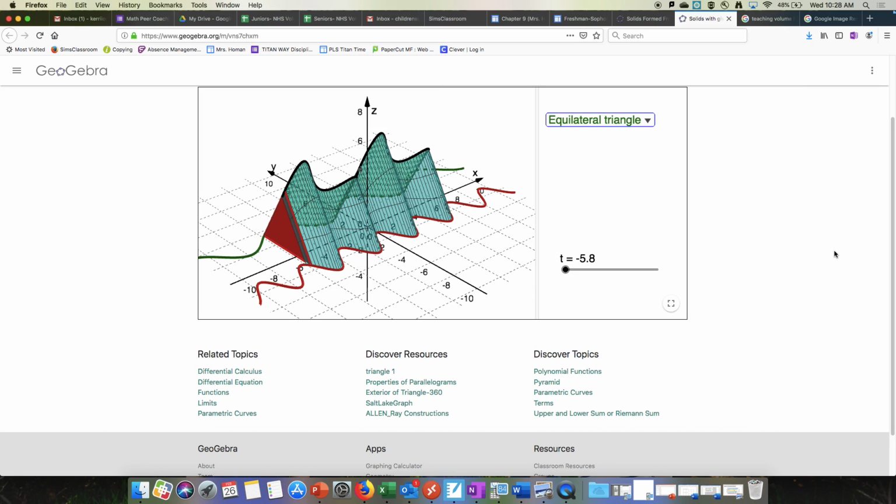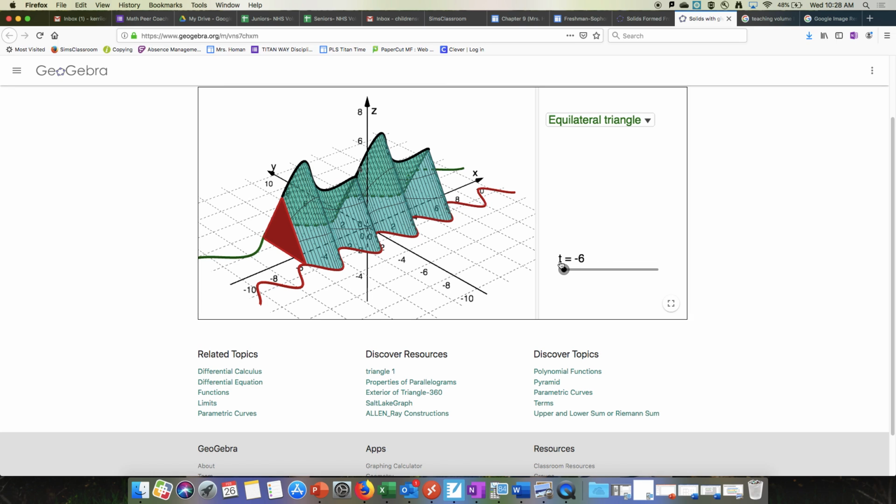So I have this green curve, and I have this red curve. Right now I have equilateral triangles that are popping out of that region. So as I go through here, you can see how the slices change based on where it is.